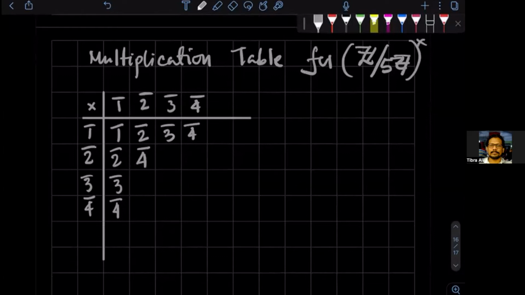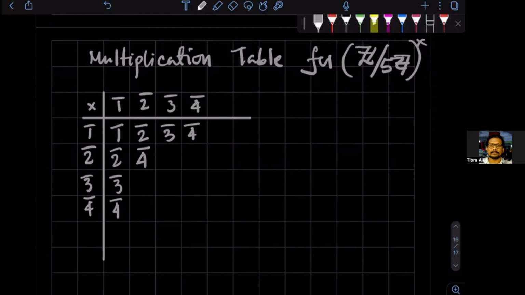3 times 2 is 6. Okay, I think I made a mistake here. 1, 2, 3, 4. 1, 2, 3, 4. 1.